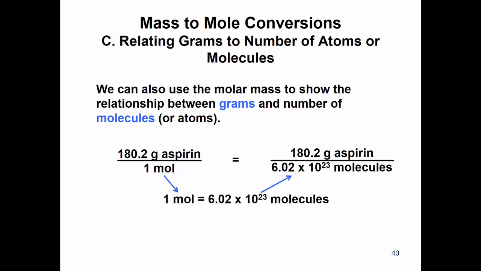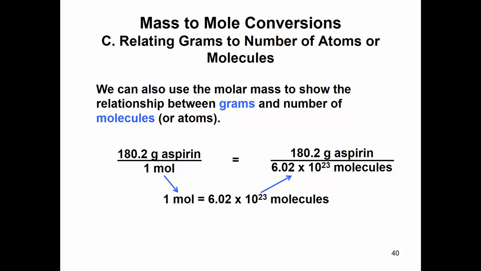If we have aspirin, for example, which we used in a previous example, aspirin is C9H8O4. If you add up the atomic weights on the periodic table, you get a molar mass of 180.2. So we know the molar mass is 180.2 grams per 1 mole, since the periodic table is based upon 1 mole.